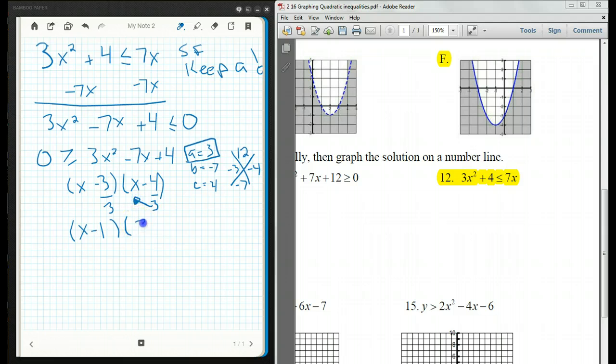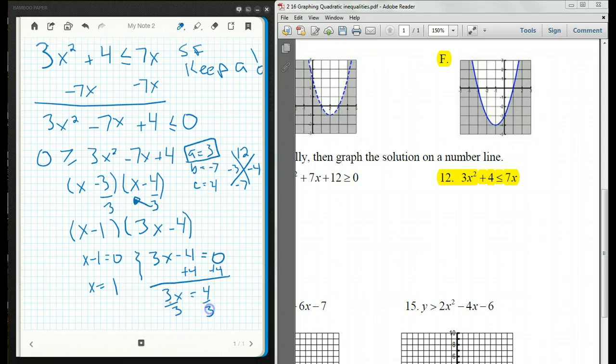I cannot reduce, so I'll move my 3 to the front of the x. So solutions or factors here, x minus 1 and 3x minus 4. I'm going to set each of those separately equal to 0. So I'll get x is equal to +1 after adding 1 to both sides. Over here, I'll add 4 to both sides. 3x is equal to +4. Then I must divide by 3. So I've got 2 points, x is equal to 1 and x is equal to 4/3.